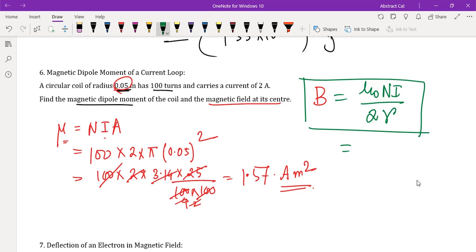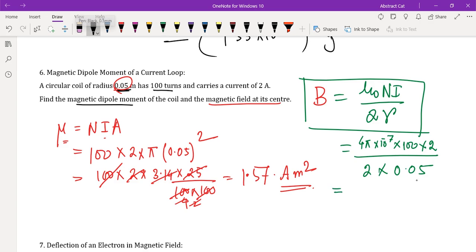Mu 0 is 4 pi into 10 to the power minus 7, the number of turns is 100, the current is 2 ampere, and the radius is given as 0.05. Okay, so now solve these. So 4 into 3.14 into 100 into 2 into 10 to the power minus 7, divided by 2 times 0.05, which is 5, here is 100 again.